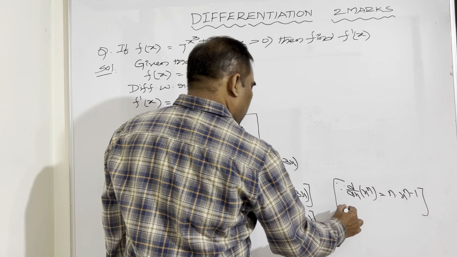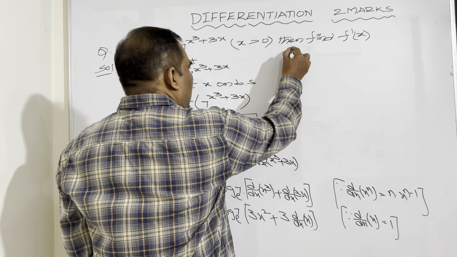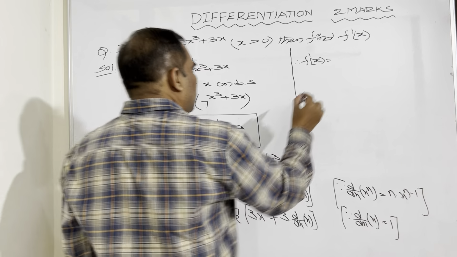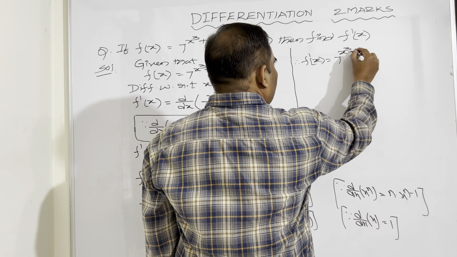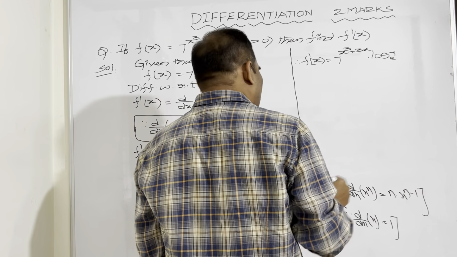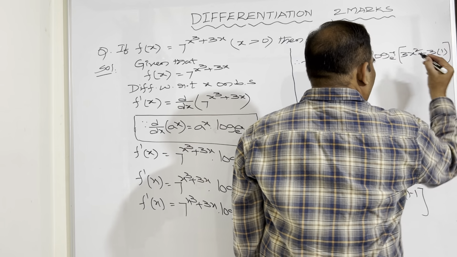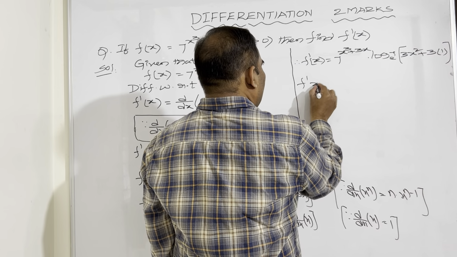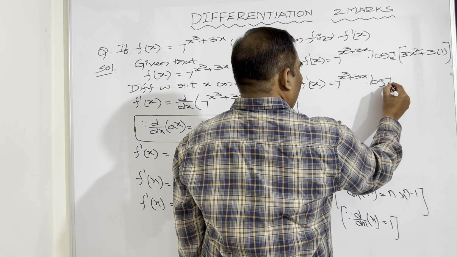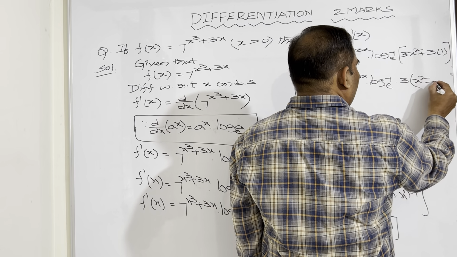So now here we know that the derivative of x with respect to x is 1, so that's why f dash x is equal to 7 to the power of x cube plus 3x into log 7 base e into 3x square plus 3 into derivative of x, which is 1. So now finally we get f dash x is equal to 7 to the power of x cube plus 3x into log 7 base e into 3x square plus 3, you can take 3 common, 3 into x square plus 1.